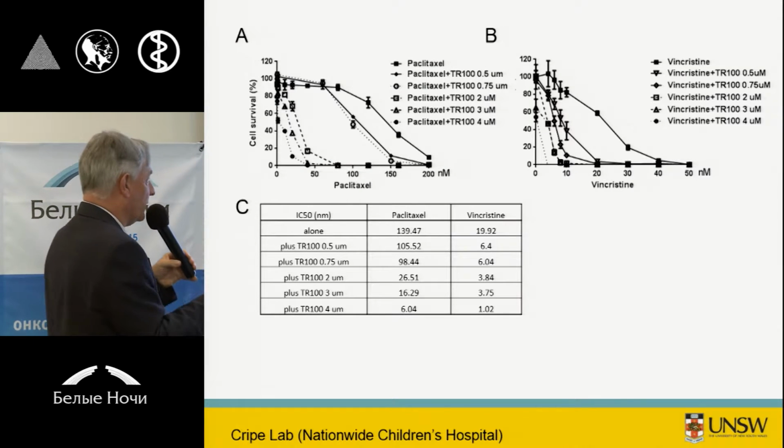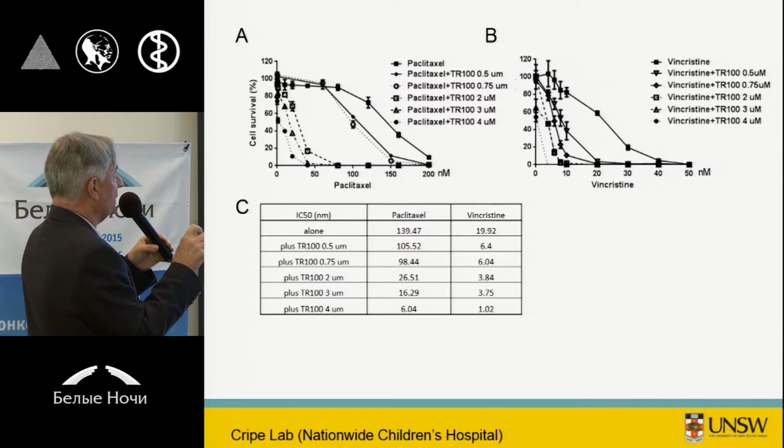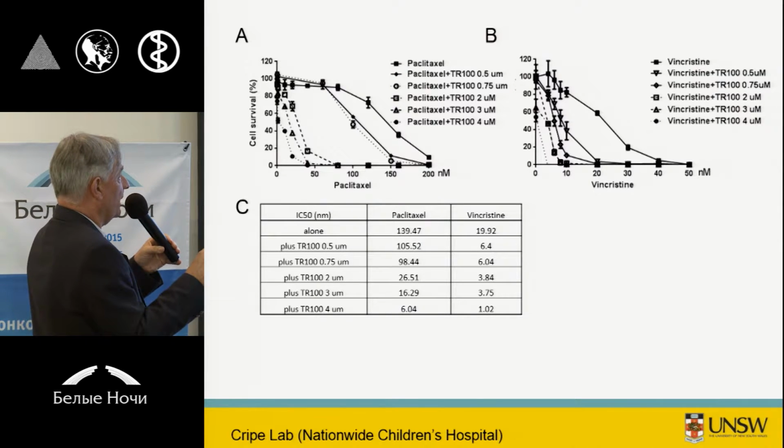And what that means from a practical point of view is that if you, for example here, with neuroblastoma, run increasing doses of paclitaxel, this is the normal curve you see for cell viability. If, however, you add low doses of TR100, and these doses do not have any effect on the viability of neuroblastoma, but when put together with paclitaxel, what you can see is that by increasing the TR100, what you're doing is making the cells more and more sensitive to paclitaxel.